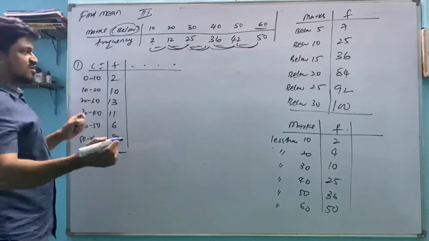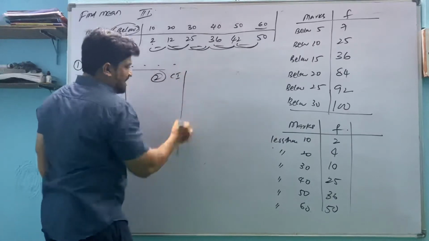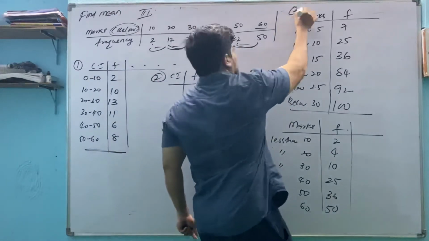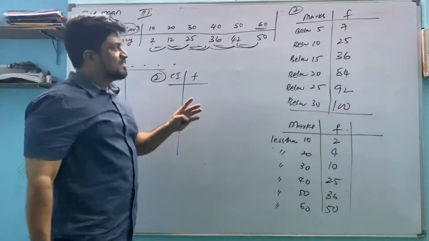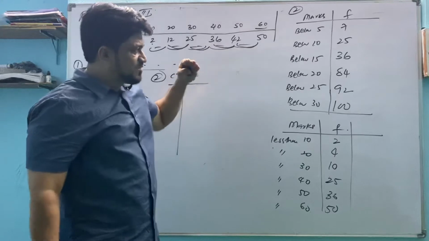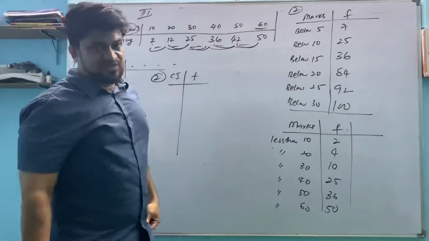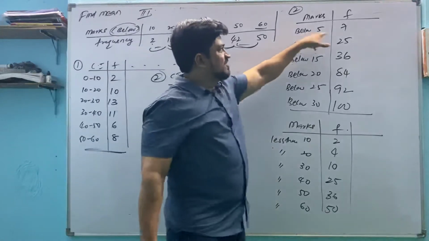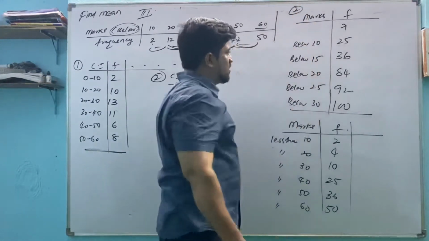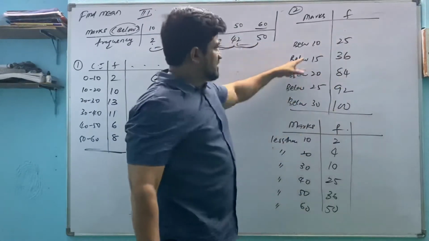This is the way. Now in the second example, I am writing class interval and frequency. Below 5, below 10, below 15, below 20, below 25, below 30. In everything the difference is 5. Suppose below 10, below 15 is the question. Difference is 5.